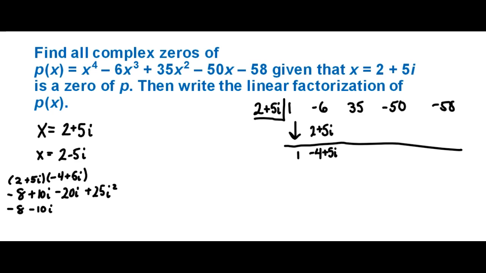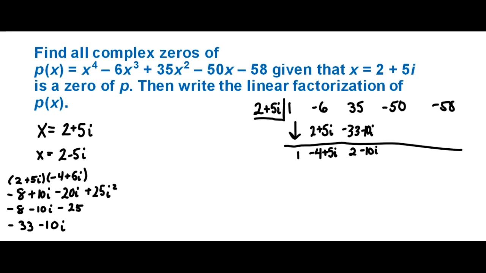And then any number times i squared becomes the opposite sign, so we just have minus 25. I can also add the negative 8 and the negative 25 to get negative 33, and the minus 10i remains. So I've got negative 33 minus 10i. So then I have 2 minus 10i.